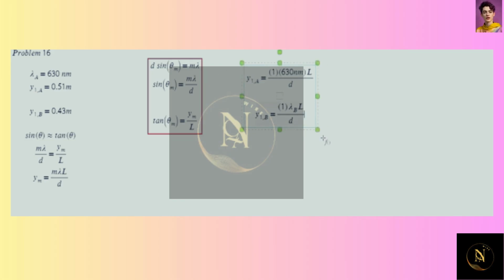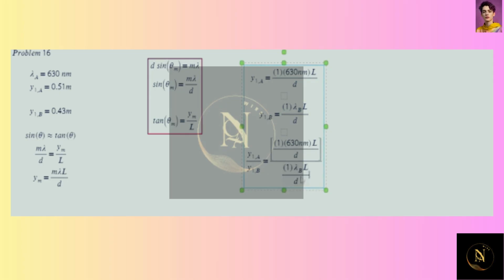Let's set this ratio: y1a over y1b. On top we're going to have this expression, and at the bottom, we're going to have this expression. Let's put a bracket around that. Notice that L cancels out and so does d.